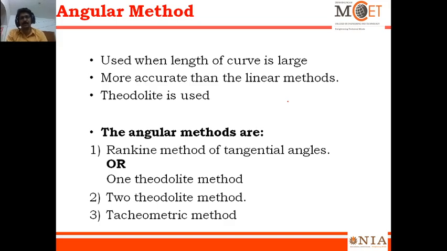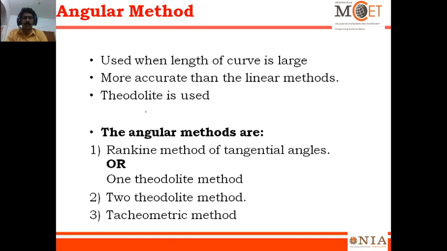When the curve length is high, say a railway curve or a huge major national highway road, there will be huge curves, right? So when such a huge length of curve has to be set out, predominantly we adopt the angular method. It is used when the length of the curve is large and is more accurate than the linear method. Since we are angle based, we are going to use the theodolite. Compared to any other instrument, the accuracy level increases, right?